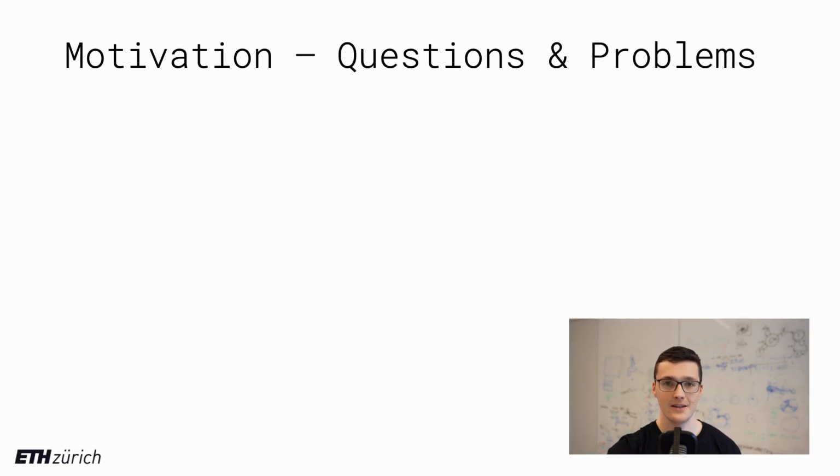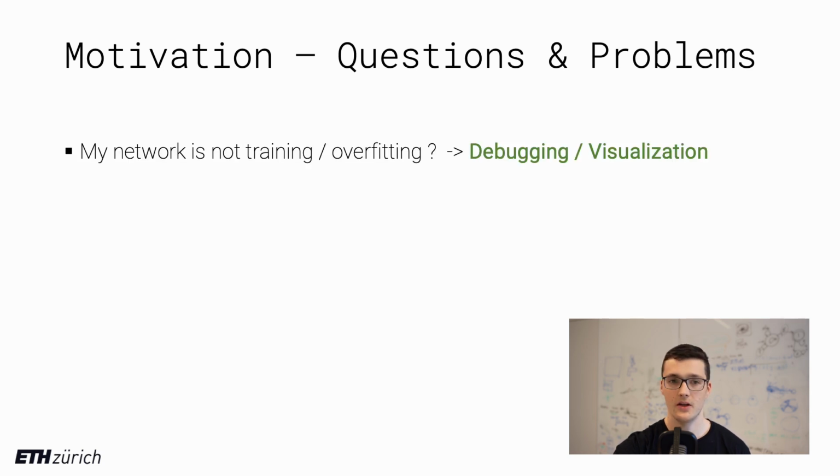Before getting started, I would like to pick up on a few questions and problems that students recently came to me with throughout this project. One of the questions that I often hear is, for example, why is my network not training, or why is it overfitting? The answers to these problems are usually that you need to debug and also visualize things. So I will show you how to do these things.